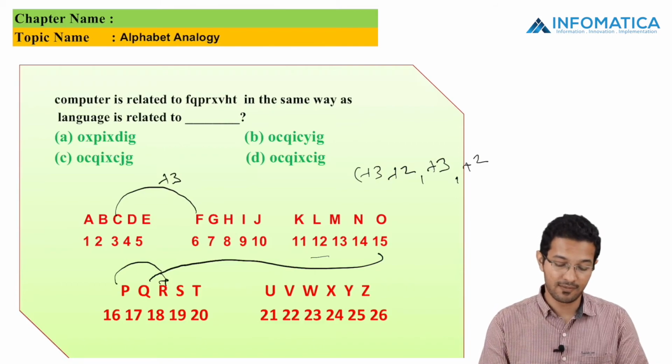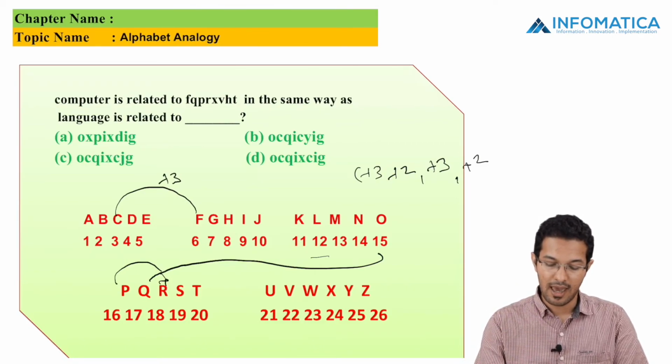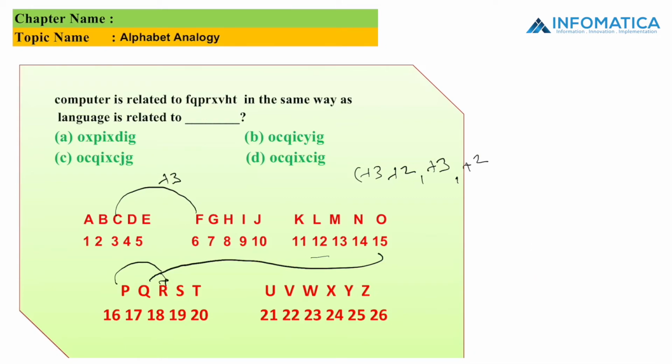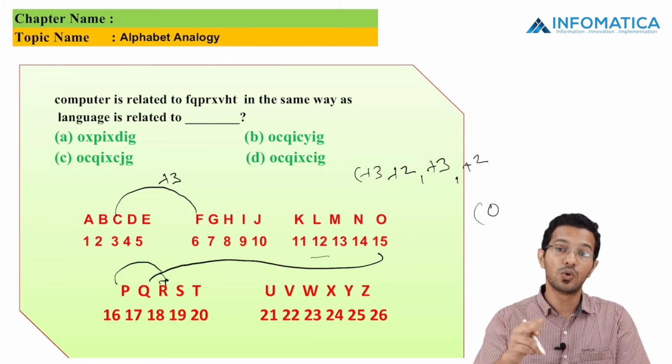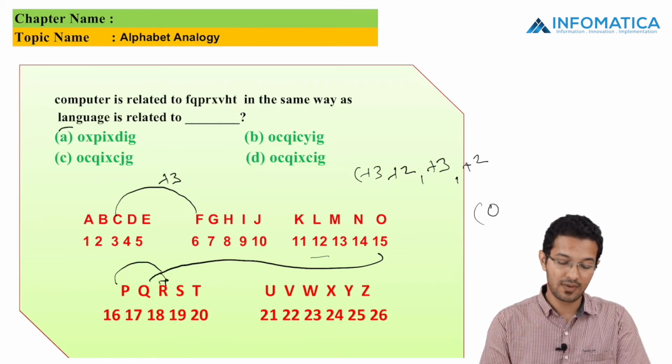L is on number 12. So if I add plus 3 to it, I'll be reaching M, N and O, which is O. O was related to Q, so we had gone plus 2 steps ahead. So if I add plus 2 to A in the next one, we get A plus 2, which is nothing but C.